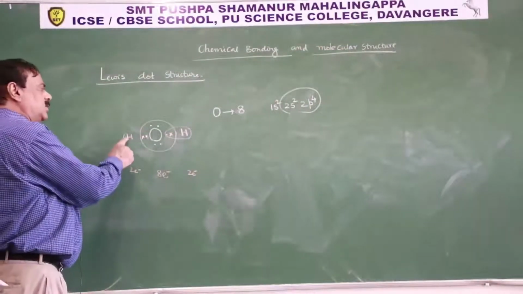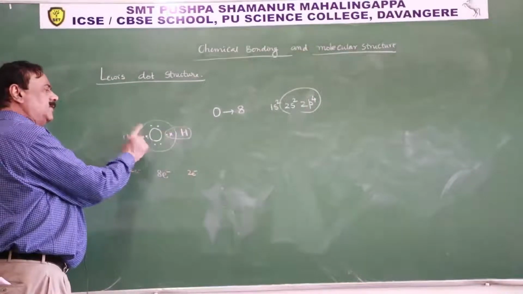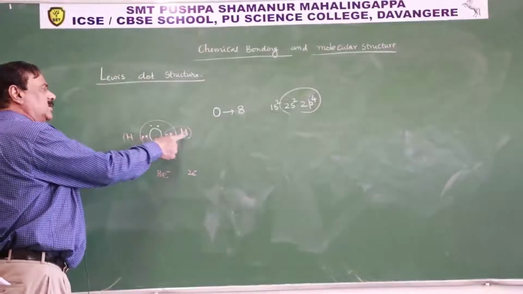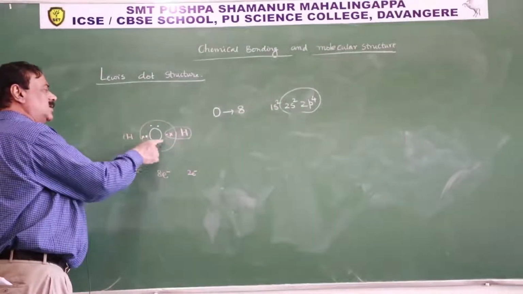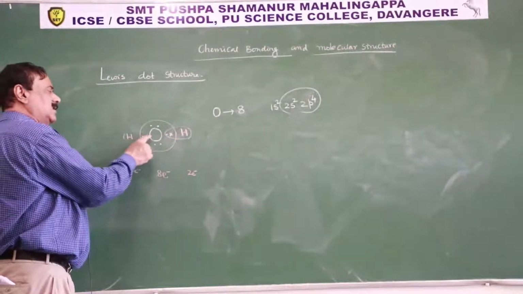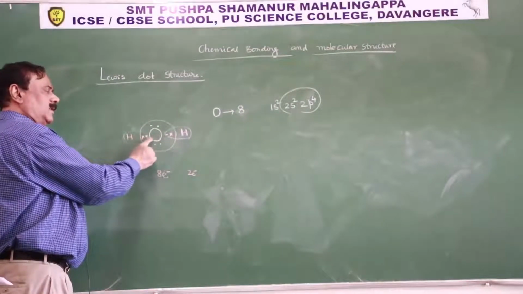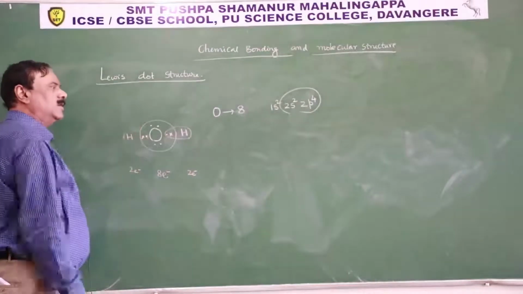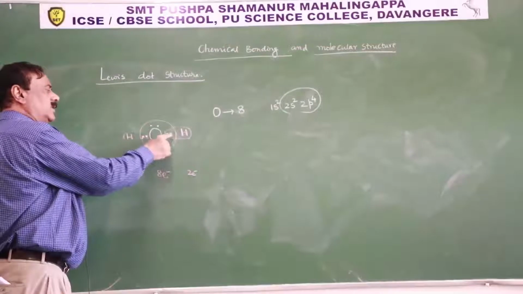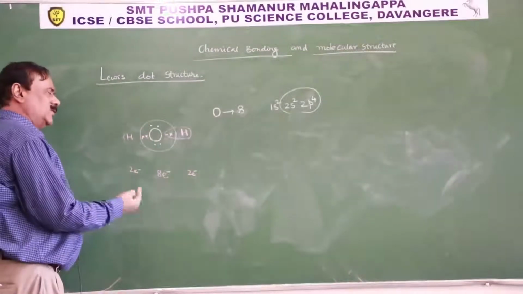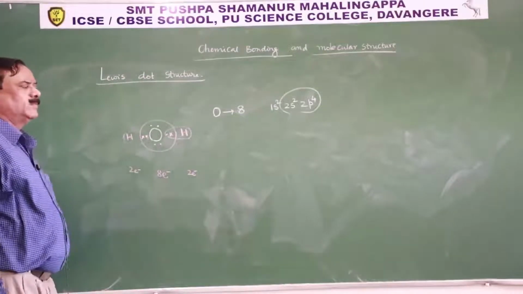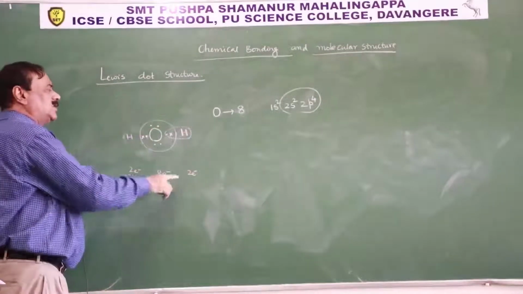Therefore, hydrogen has the ability to give off or share an electron, 1 electron each, and the valency of this oxygen is 2 because it reacts with 2 electrons, and hydrogen is 1 because only 1 electron is participating. This is about the Lewis dot structure.